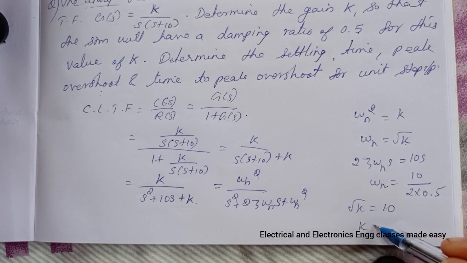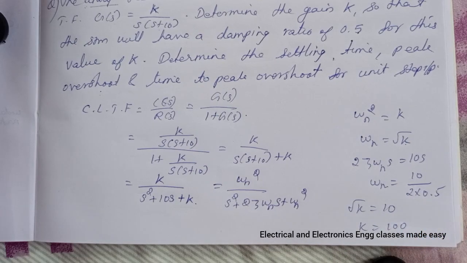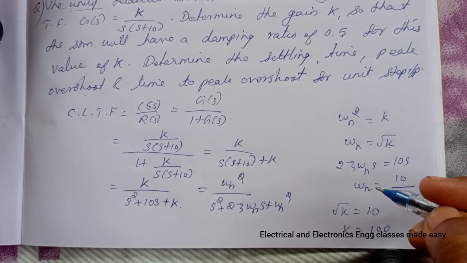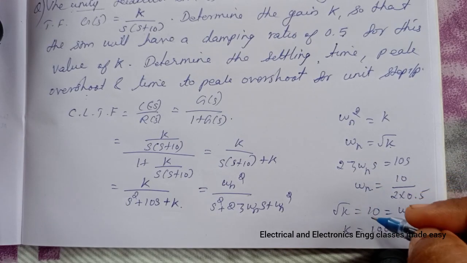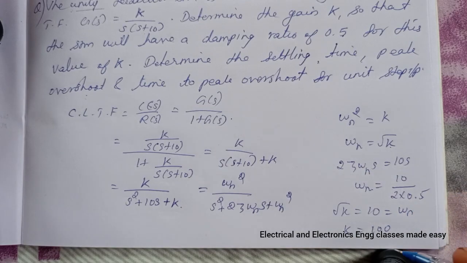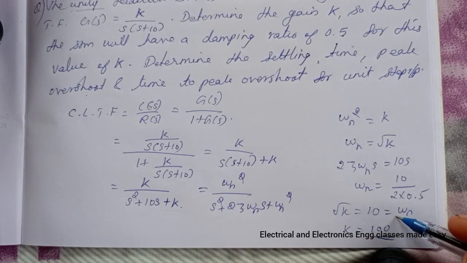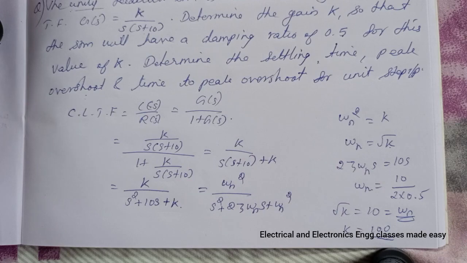So we get k equal to 10 square, that is 100. And also the value of omega n is this 10. So value of k is equal to 100 and omega n is equal to 10.